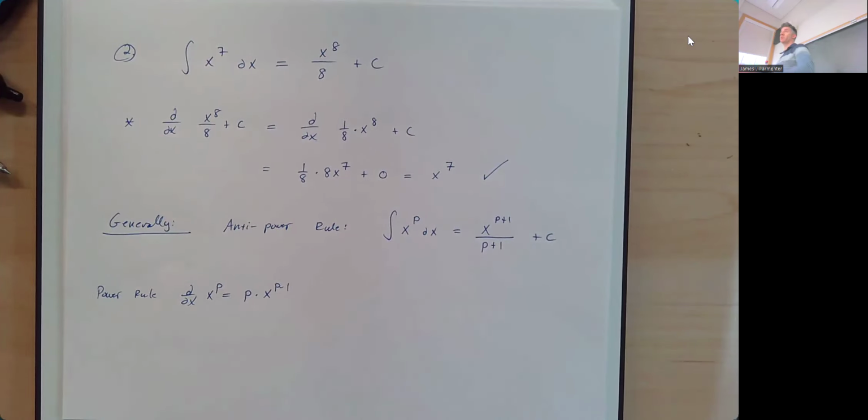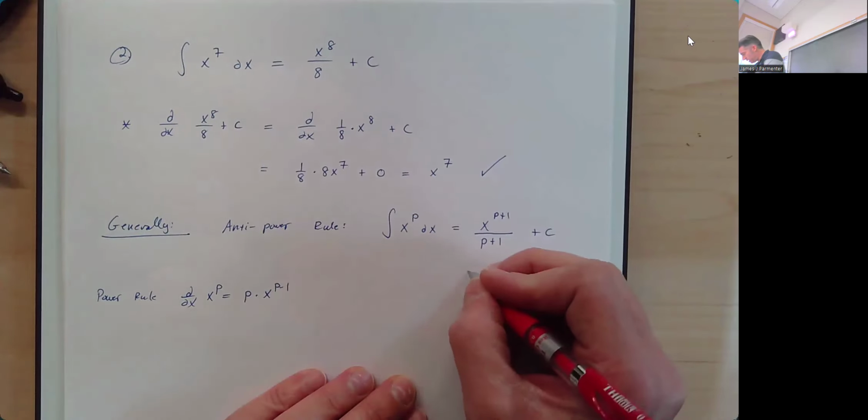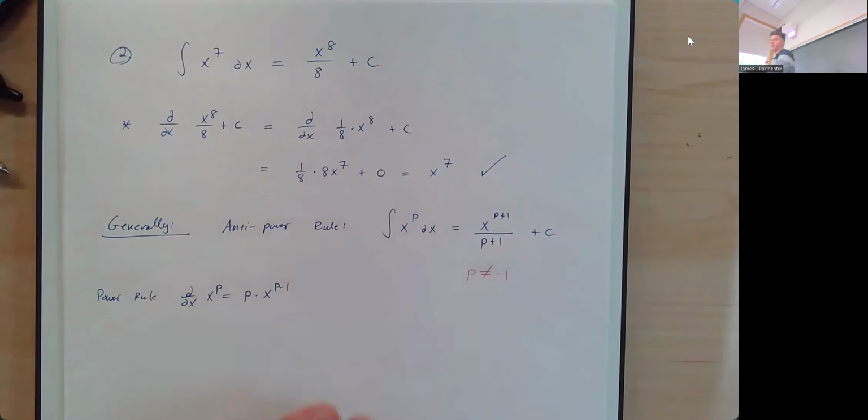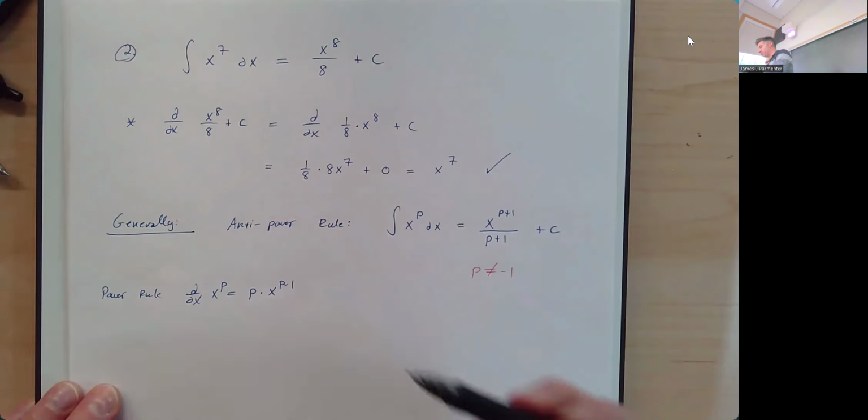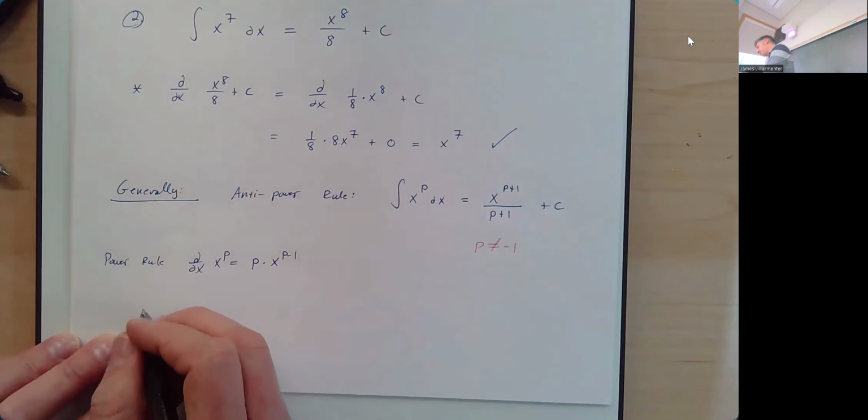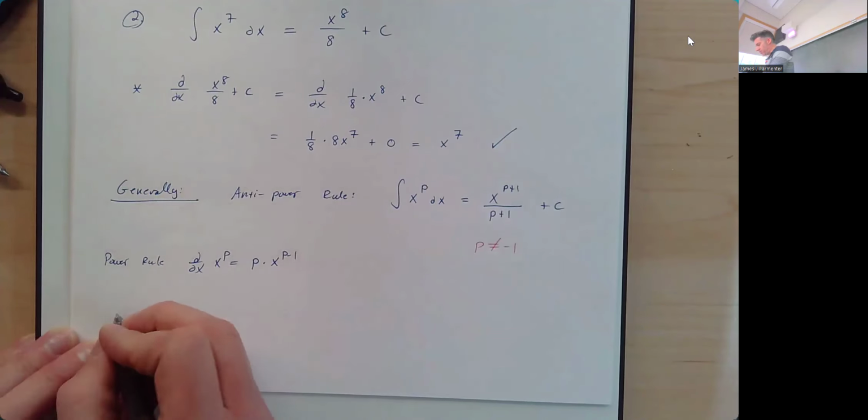So we have to exclude from our list here, p can't equal -1. And we'll come back around to that in a little bit. Let's do it right now. So we might as well.